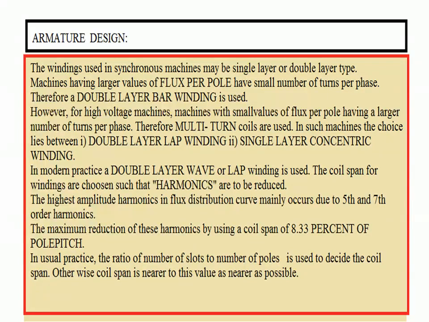Hence, the maximum reduction of these harmonics is obtained by using a coil span of 8.33% of pole pitch, or in other design practice, the pole pitch, which is the ratio of number of slots to the number of poles, is used in general to decide the coil span, or whichever value is nearest to this, you can use as per the design considerations.